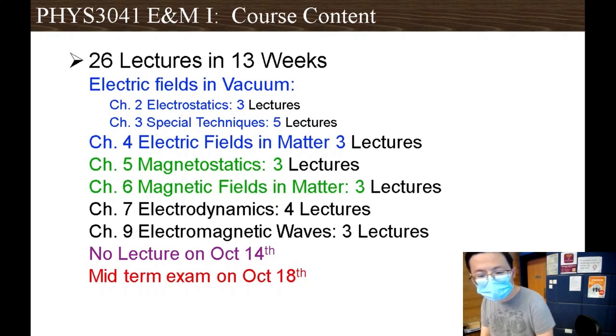Then after the midterm, there are 4 more chapters, and it's about 3 lectures for each chapter. The final will cover mostly chapter 2 to chapter 7, and chapter 9 will be for educational purposes only, and should not be in the final exam.